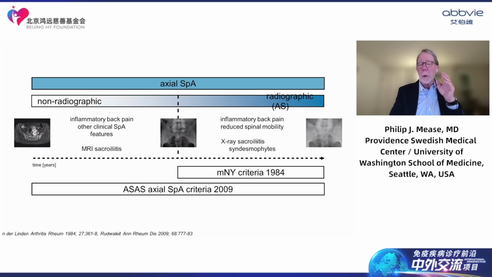Now, we don't necessarily see all patients on the non-radiographic side evolving to radiographic. In fact, increasingly we recognize that about half of the patients end up remaining in the non-radiographic group, especially females.